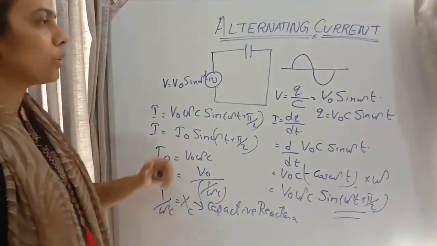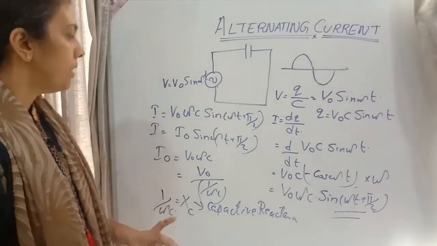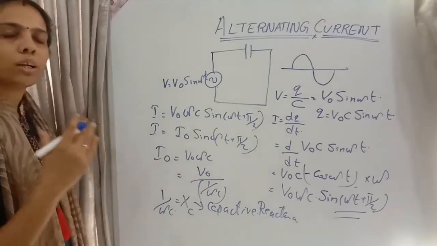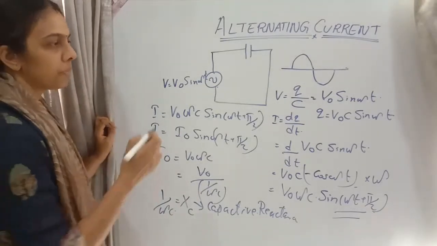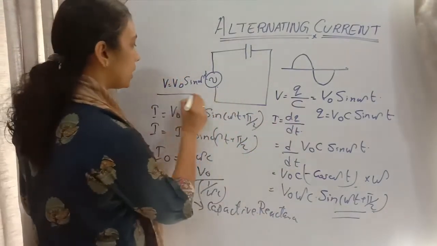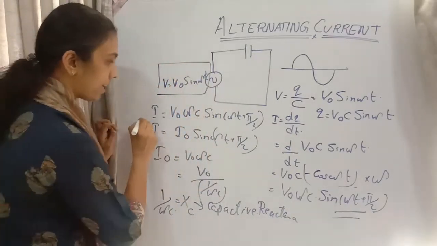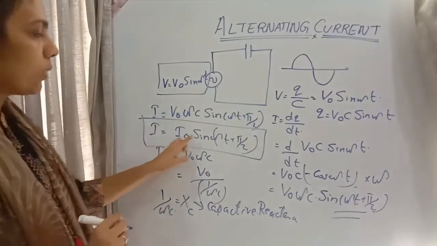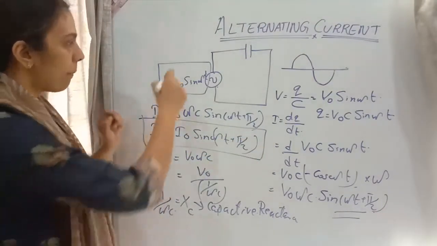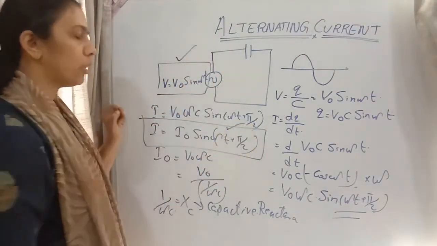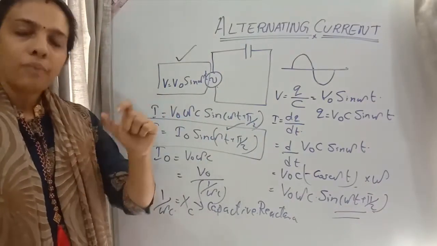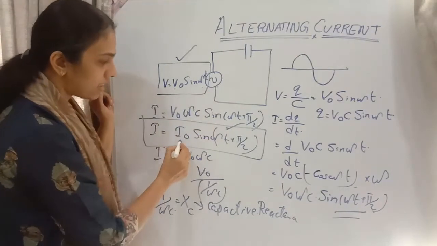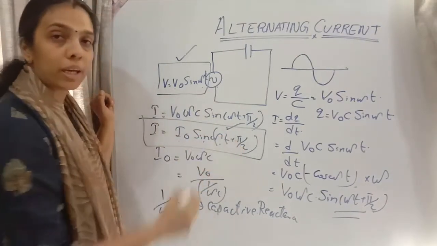So these are the equations which we are getting over here. Now we are going to analyze the equations, how current and voltage will be varying. Here voltage we got as V0 sine omega t, but current we got as I0 sin omega t plus pi by 2. By comparing these two equations, voltage and current, what difference do you see? Here sin omega t and I0 sin omega t plus pi by 2.